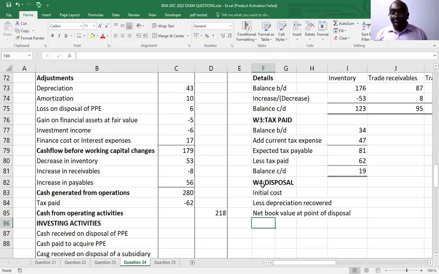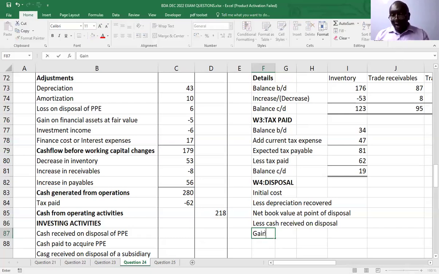Then you less cash received on disposal, although si lazima ushinde ukirudia on disposal. When you less cash received on disposal, you are able to know whether you have gotten a gain.